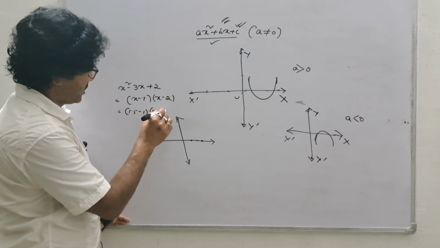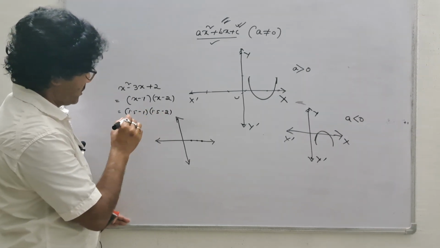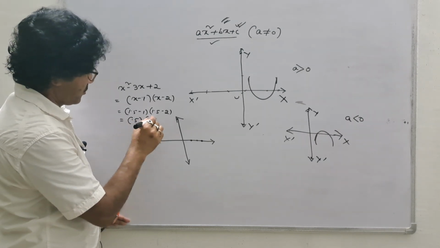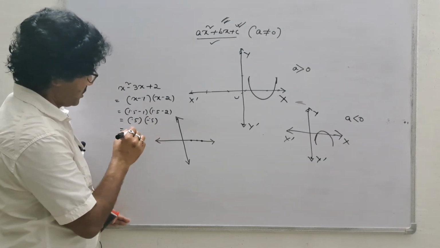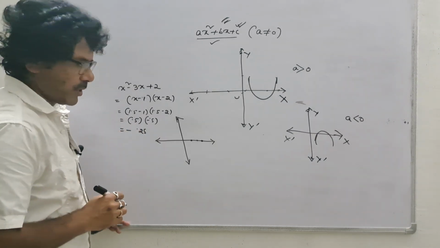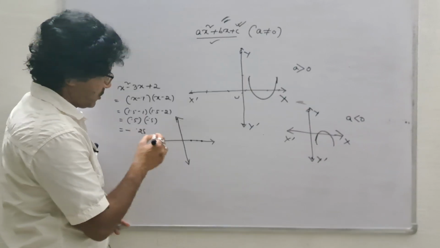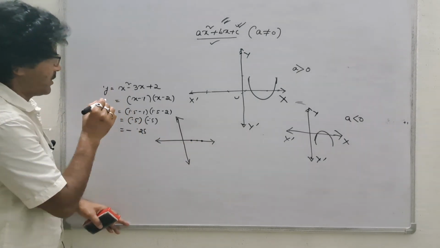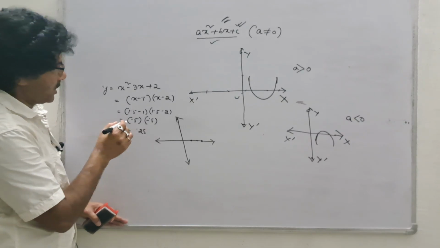We'll see. It is minus 0.25. So ultimately the value is negative. Actually this one is y. If I take y, then what will happen?